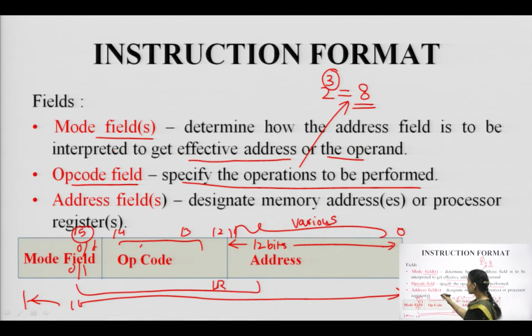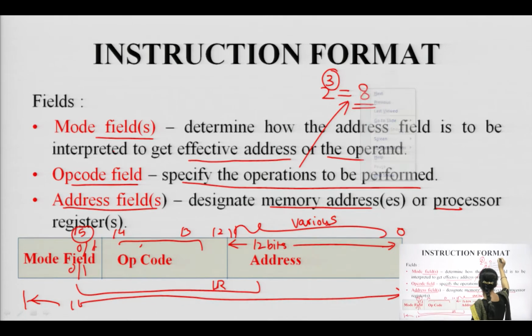Then the third type of field is the address field. This designates the address, that is, either we will be using some memory address or we will be using some processor registers. These processor registers have already been discussed: either we will be using the accumulator or R1, R2, some general purpose registers, or some memory address.